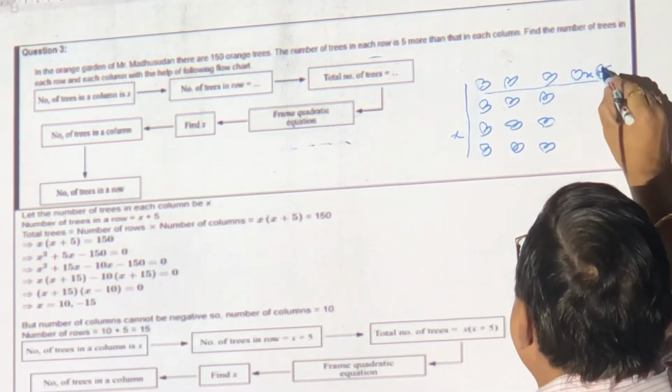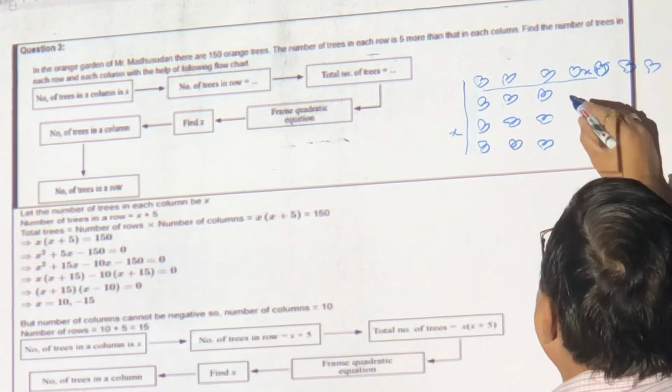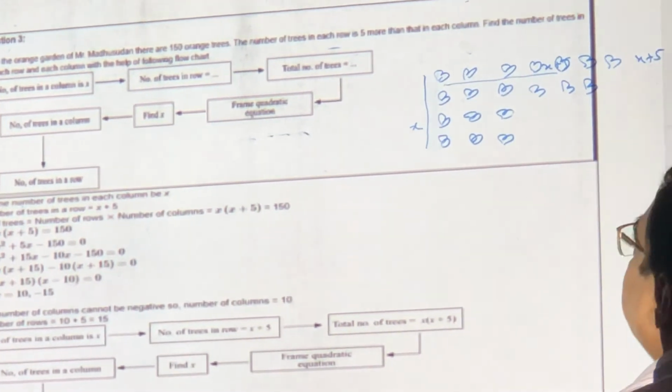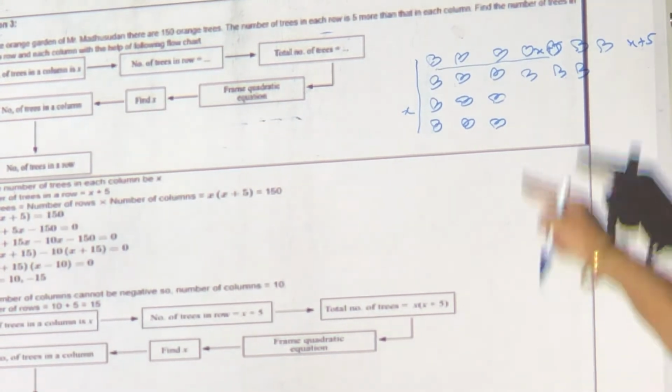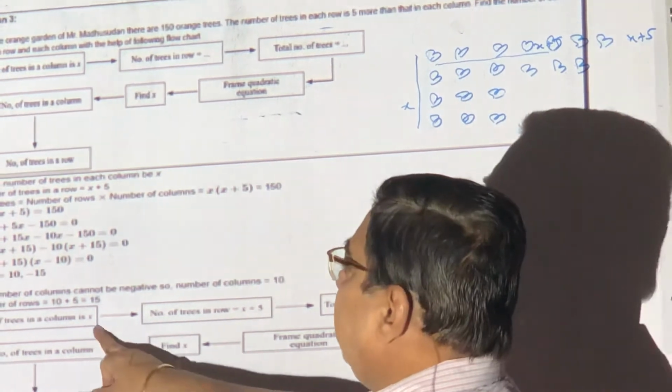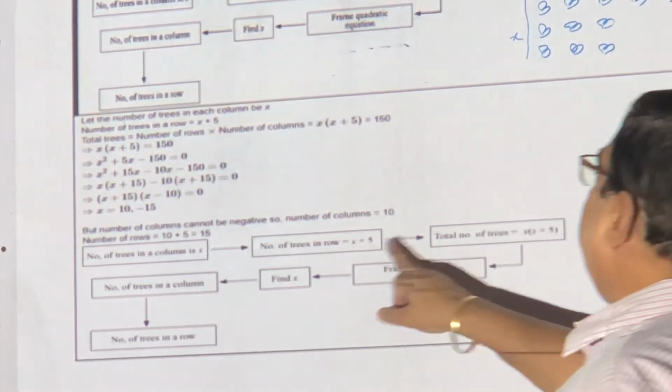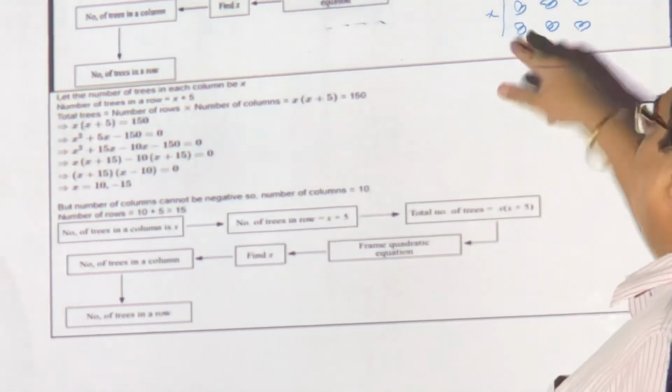So, you will have more like this. That is what he is saying. So, this is x plus 5. That is what he is telling, my friend. So, if I have 10, I have 15. So, I must complete this jumble which he has given me. Number of trees in a column is x. Number of trees in a row is another 5 added. Total number of trees is row multiplied by column.